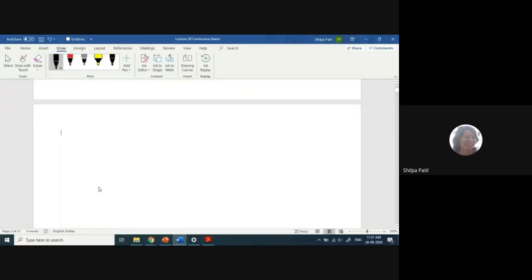I will just write down here, for flanged beam, beam ABCD is a continuous L beam.